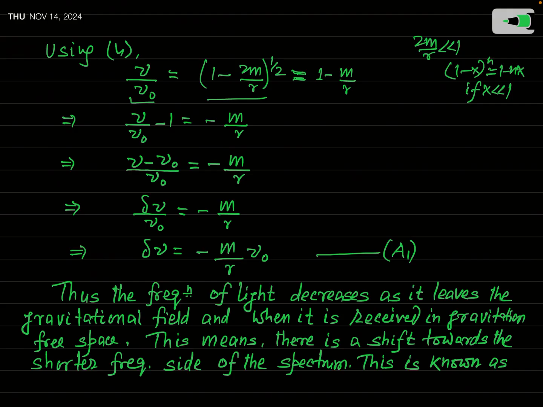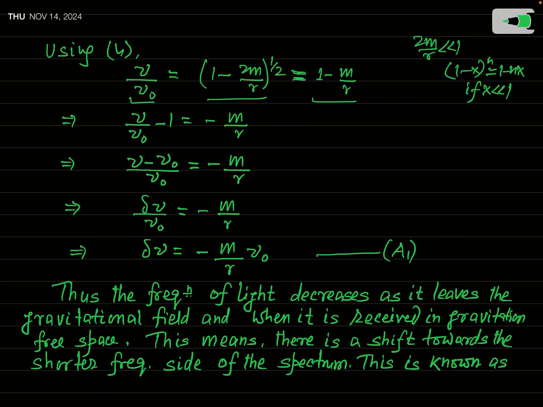This is called the first approximation. So under first approximation, this will be 1 minus 2m over 2r. 2 will cancel out, so this is simply 1 minus m over r. This result has been obtained on the basis of binomial expansion up to first approximation.